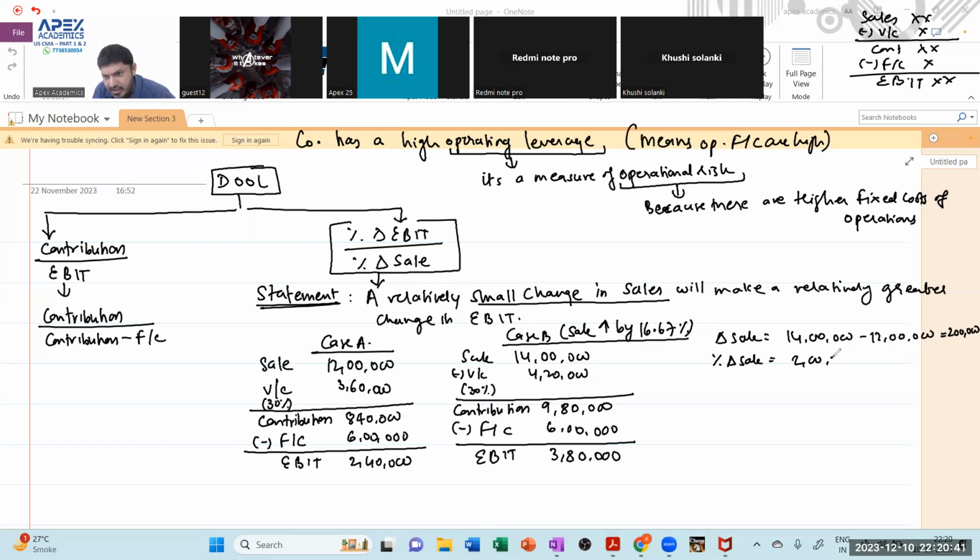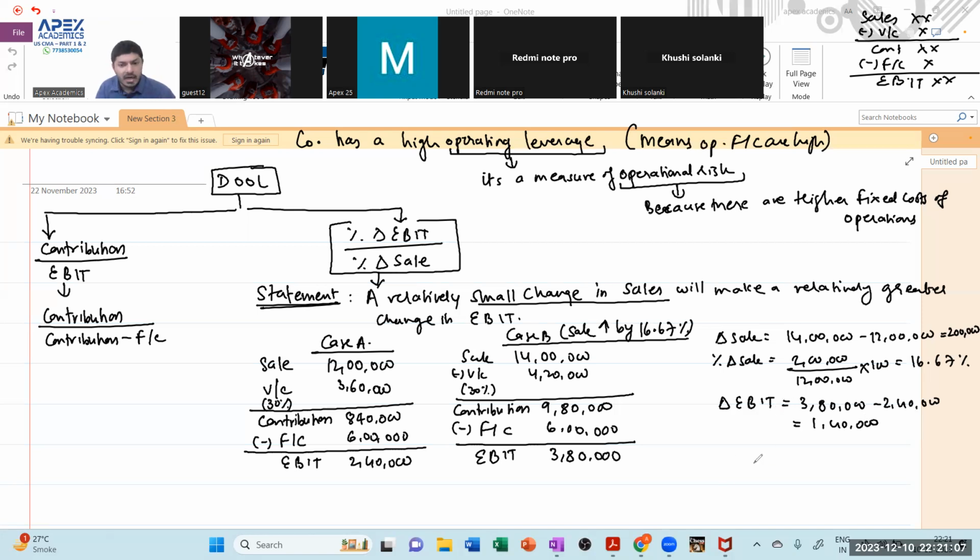Percentage delta sales is equal to 2 lakhs divided by 12 lakhs multiplied by 100, which is equal to 16.67%. Check once, 2 divided by 12 percentage. Yes. Now, what is your delta EBIT? 3 lakh 80,000 minus 2 lakh 40,000. What is your answer? 1 lakh 40,000.